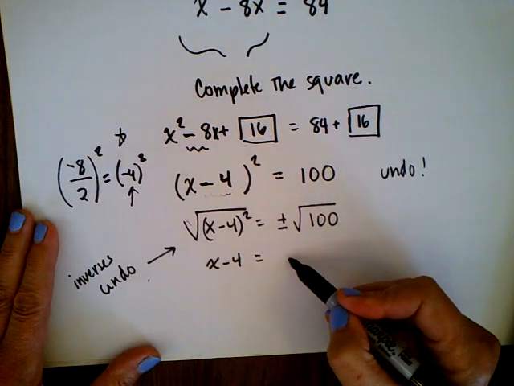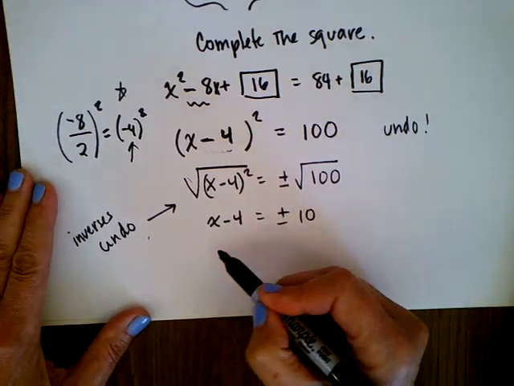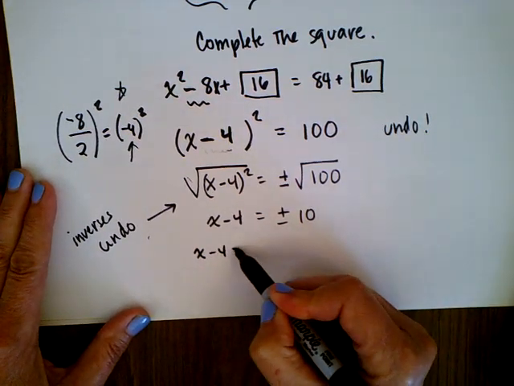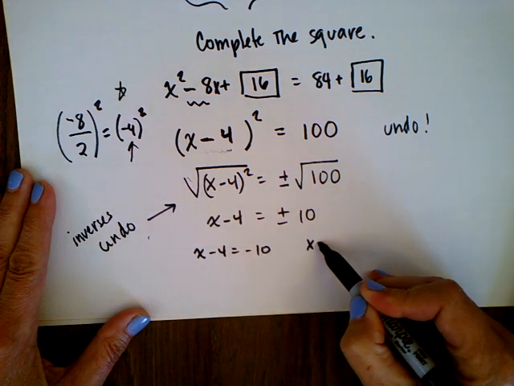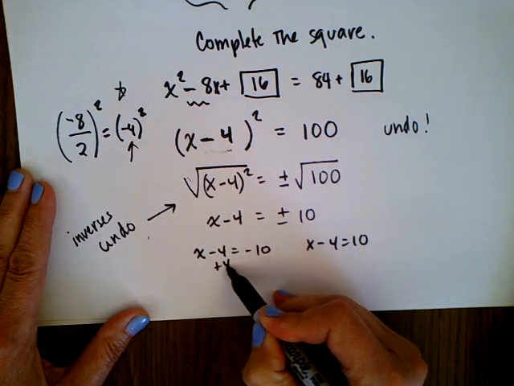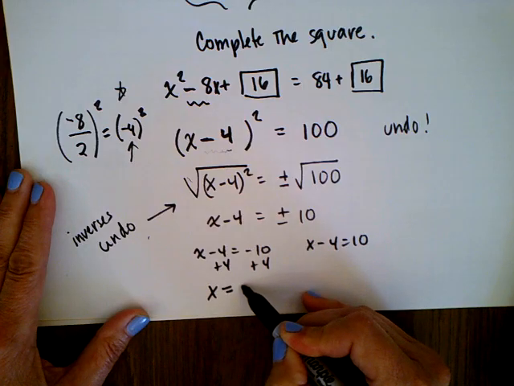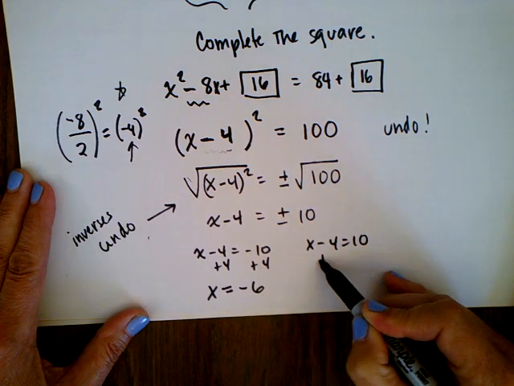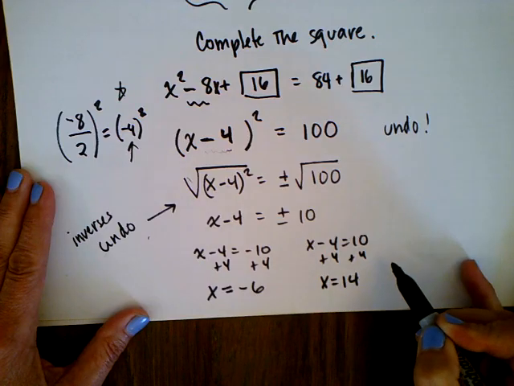X minus 4 is plus or minus 10. And now I'm going to write two equations. X minus 4 is negative 10, and x minus 4 is positive 10. We add 4, so we're continuing to solve our problem. X equals negative 6, and x equals 14.